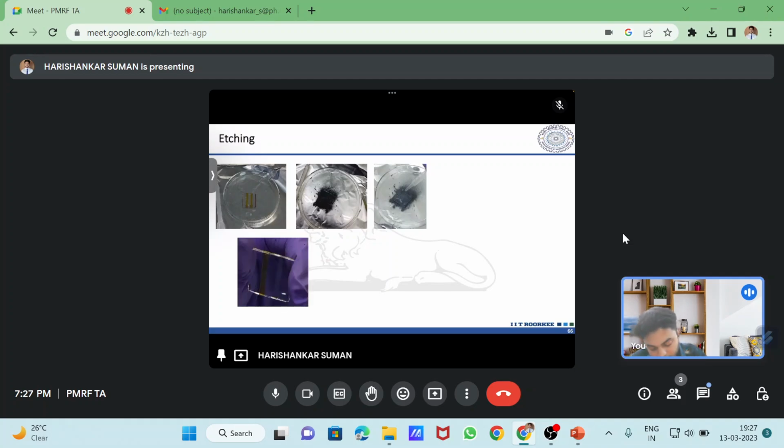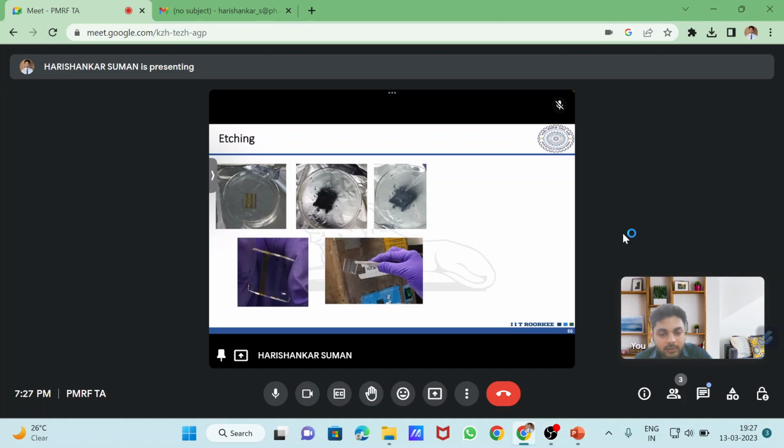Then you can see in the picture there are two strips in the FTO. These are the two electrodes of the cell, bottom and top electrode, on the FTO side.